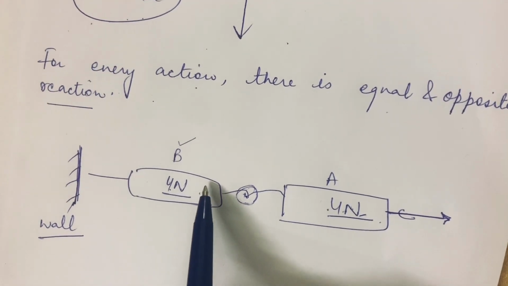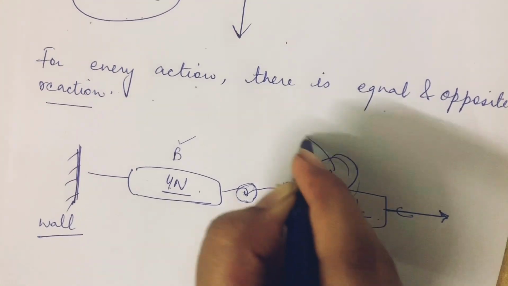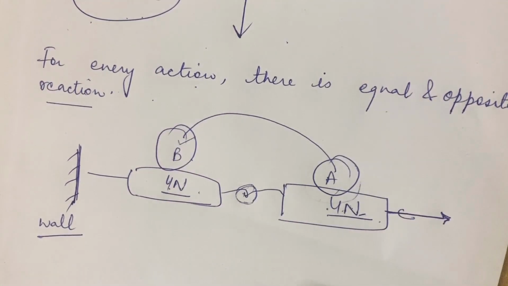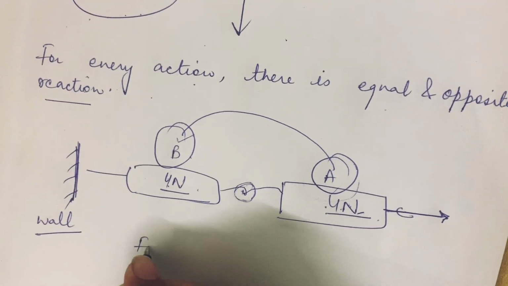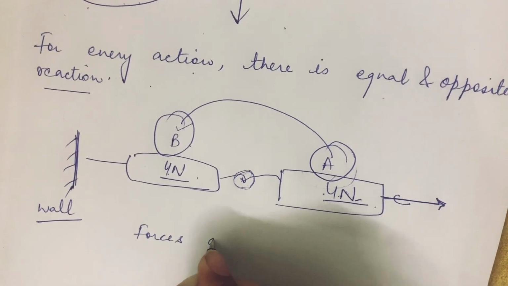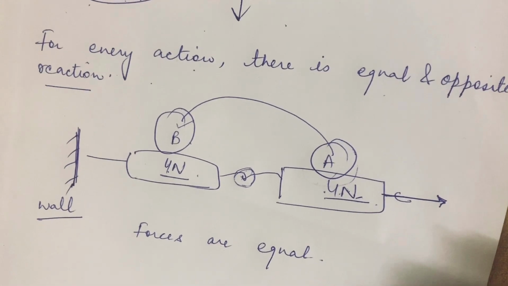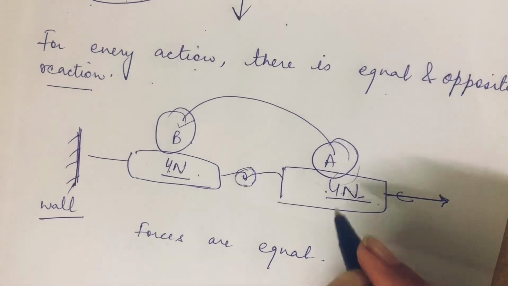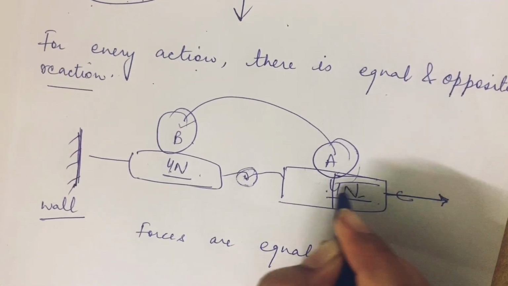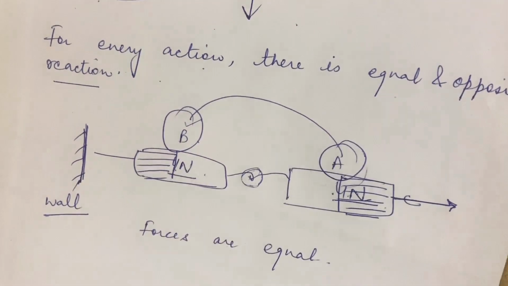This means that the force exerted by balance A is equal to the force exerted on balance B. So it means their forces are equal. But the difference here is that their directions will be opposite. If one shows 4 Newton in this direction, the other shows it in the opposite direction.